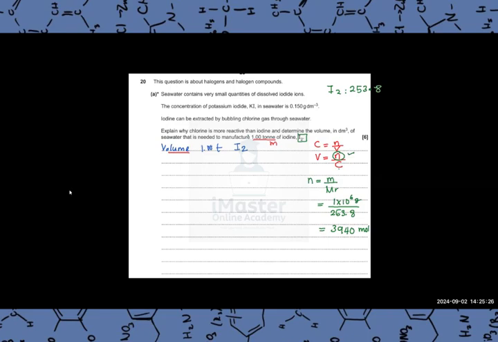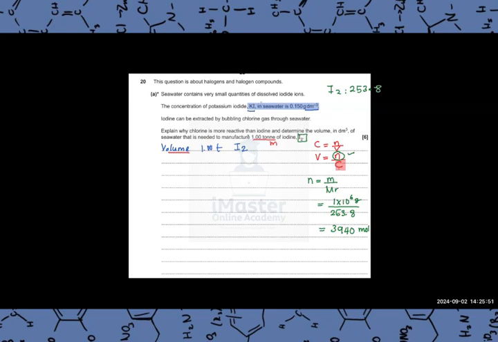Now our question is to find out the missing concentration. We have to further check on the data that are provided. That's when we will understand what to do further. We are given the concentration, but that of KI in gram per dm cube, and we need the concentration of I2 in mole per dm cube.